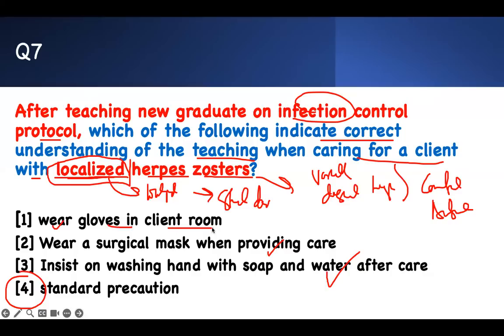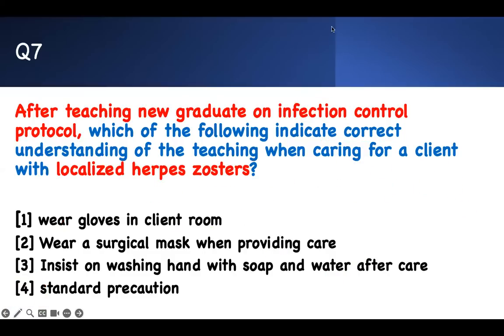Most of the time when you're providing standard care, you just come into the room with gloves in your hand. If you're going to touch the patient, yeah. Wearing the gloves in the client room does not make sense. Wearing a surgical mask when providing care does not make sense. Standard precaution. When you're washing some wound, you're doing something, yeah, that's the best thing. And sure, the question is designed to let you know you institute standard precaution.